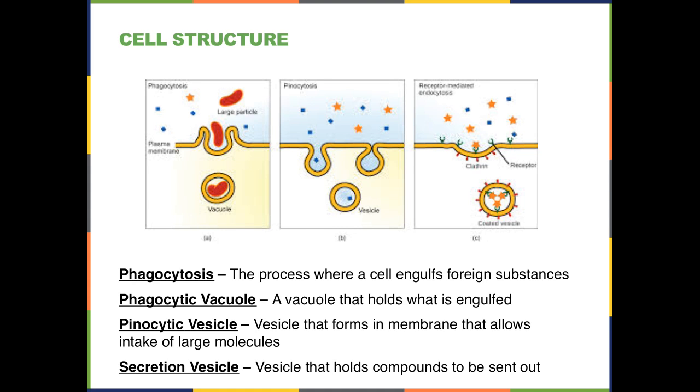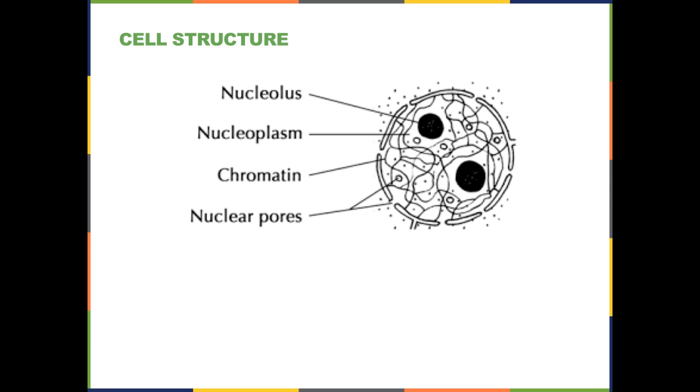And then the reverse process occurs when the vacuole, now known as the secretion vacuole or vesicle, will expel its material into the external environment.